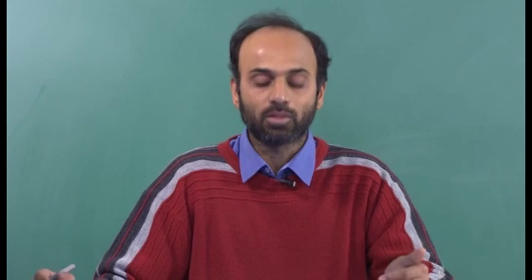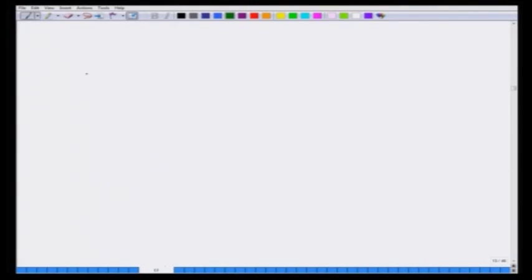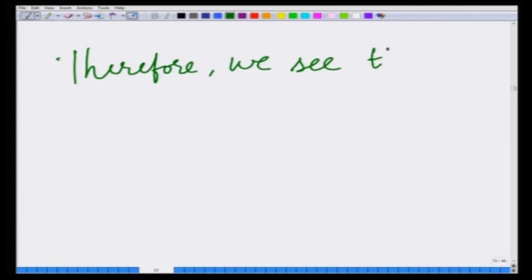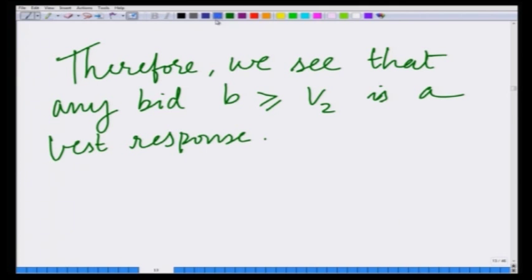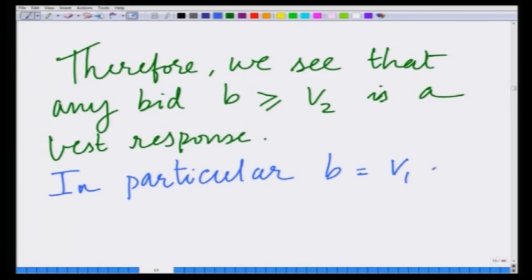In particular, B equal to V1, which is greater than or equal to V2, is a best response bid.